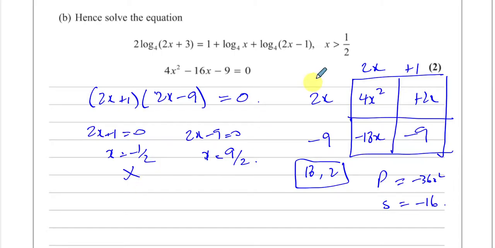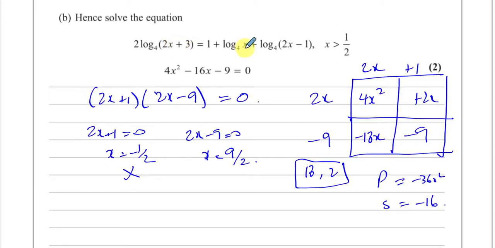Even if they didn't tell us this, we should know, because any value of x which causes any of the log terms to become negative will cause this to be undefined. For example, if I put minus a half here, that gives me 3 minus 1, which is fine.